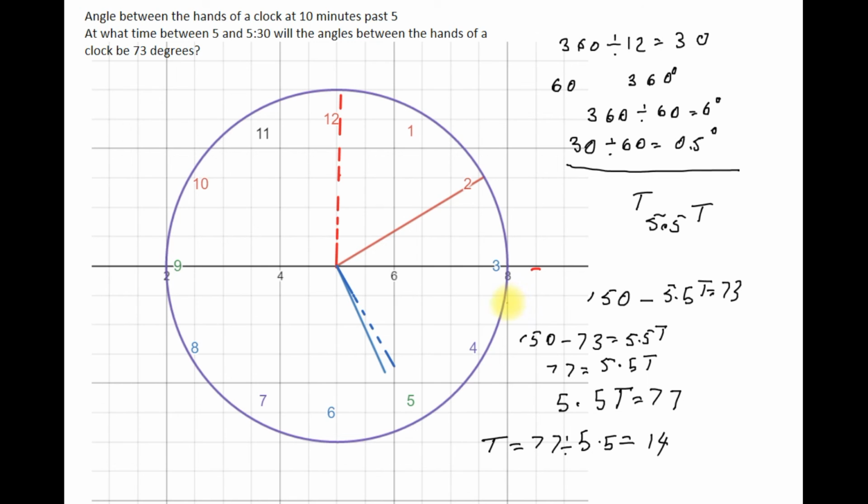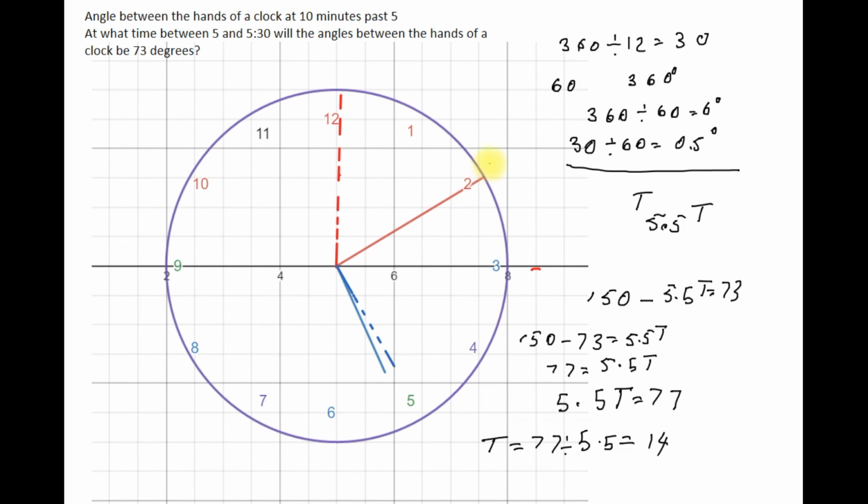That for every minute, the minute hand moves 6 degrees, the hour hand moves half a degree, and the combined total is either a 5.5 degree increase in the angle or decrease, depending on whether we're moving towards the hour hand or whether the minute hand is moving away from the hour hand. But obviously, in every question you have to look at the setup and what is being asked.